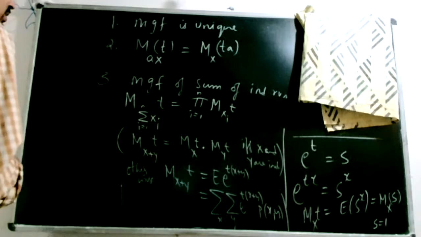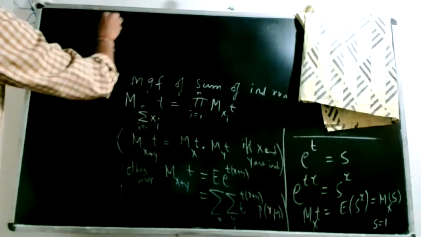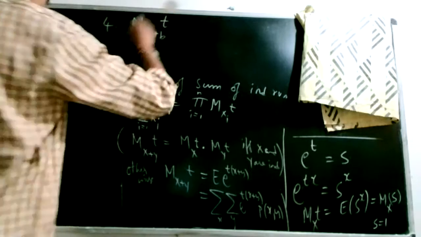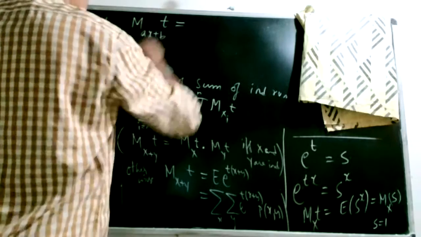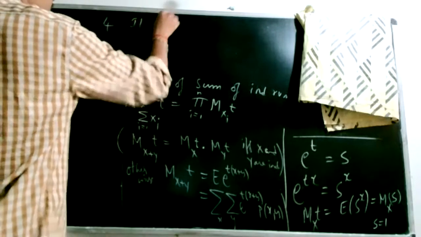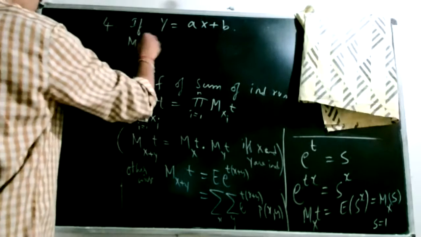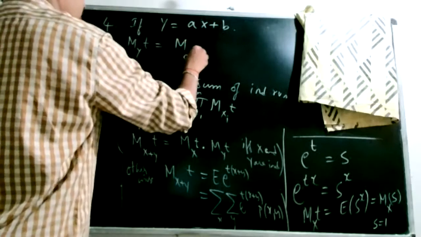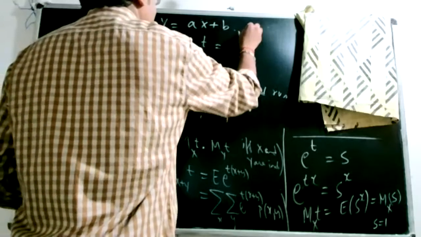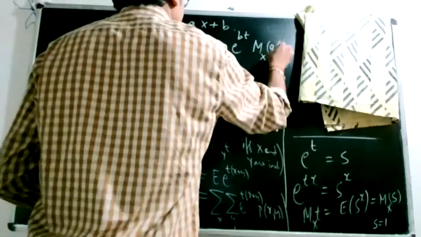Now the combination of 2 and 3 can be taken as the fourth property, where you're talking about a linear combination of the variable, where you take say y equal to ax plus b, and then My(t) will be equal to M of ax plus b at t, and that will be given by e^(bt) into Mx(at).